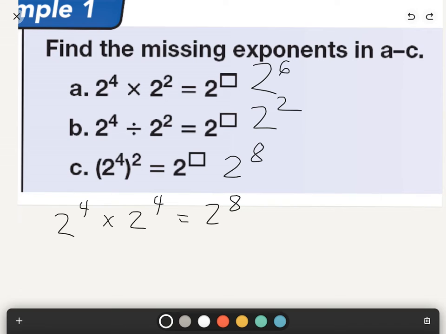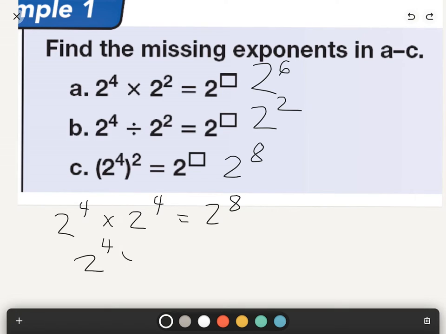Mr. Petrie? So for C, if instead of the exponent of 2 after 2 to the power of 4, there was another number, would the same multiplying rule work? You mean if you had something like 2 to the power of 4 times 3 to the power of 4?